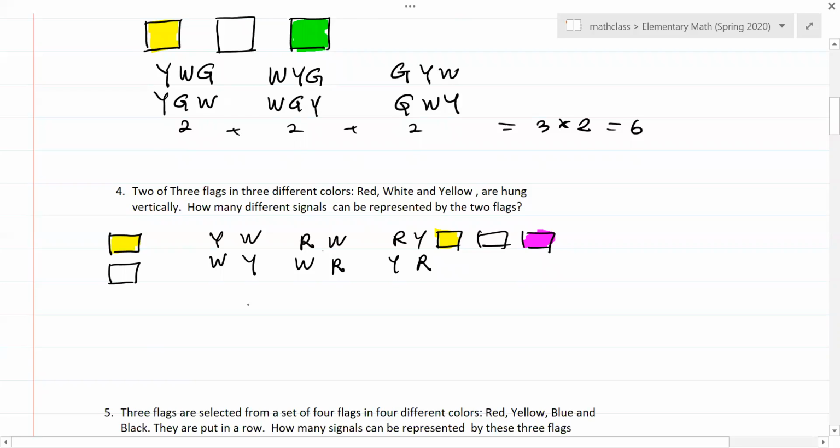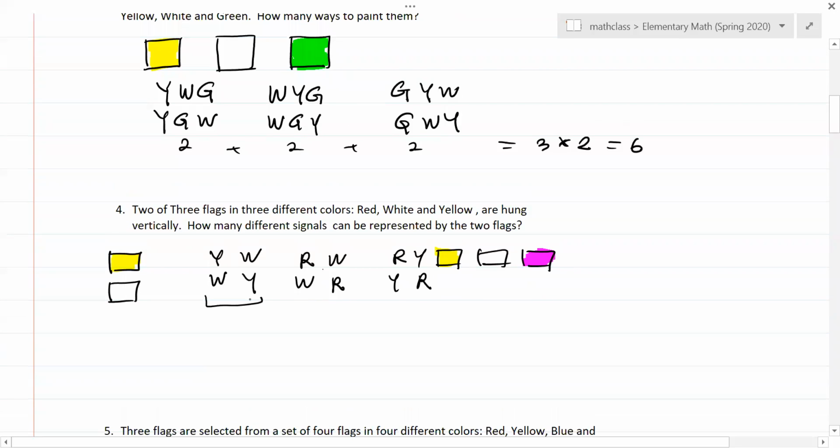Okay, so this group without red, this group without yellow, right? Right, and this group without white. Okay, so that's why in total you have 4 times 3. Right? How many of them? 4 times 3. This is how many different signals you can get.